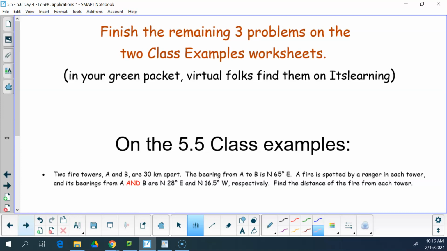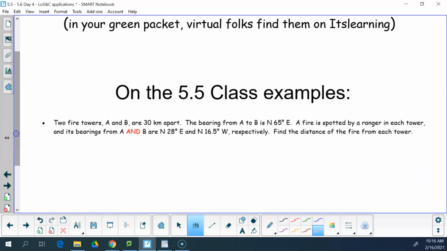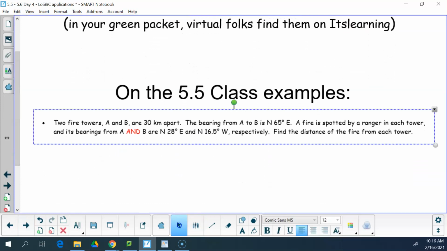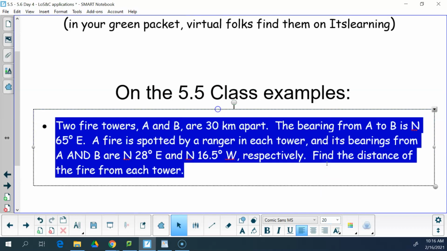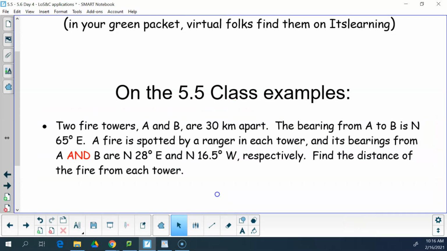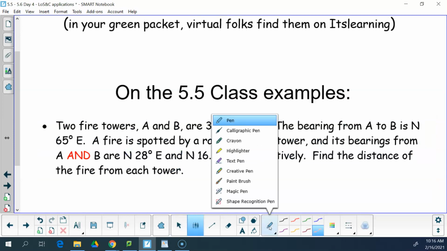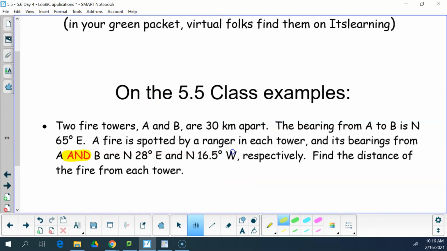But again, don't forget to make this one change on the one example that we didn't do yet. You want to change this 2 to an and right there.